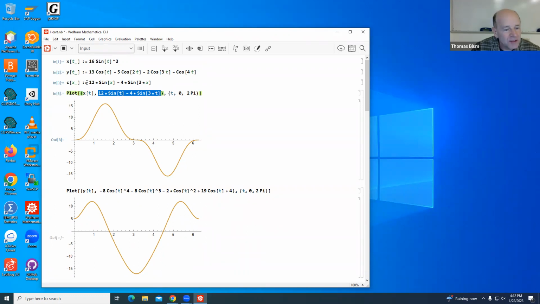And equivalently, here's my y of t that they gave us. And here's the equivalent function in terms of powers of cosine. So minus 8 cosine of t raised to the 4th, minus 8 cosine of t raised to the 3rd, minus 2 cosine of t squared, plus 19 cosine of t plus 4, or the y of t that they gave originally.